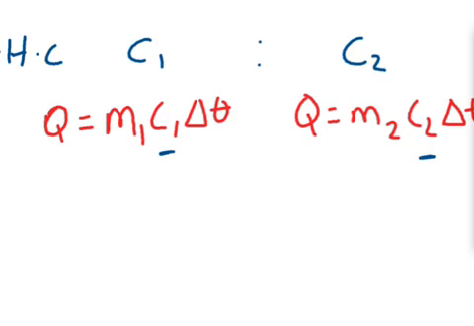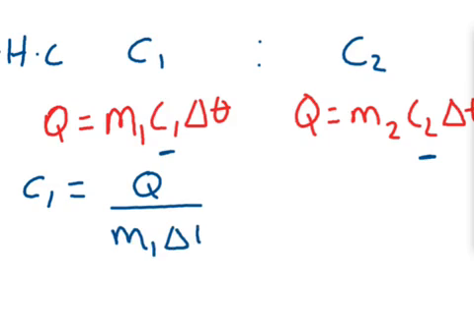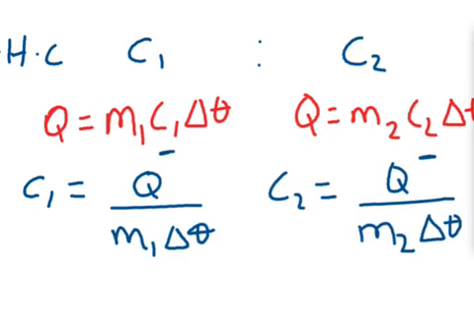We can find C1 by making C1 the subject of the formula, and that will be C1 equals Q divided by M1 change in theta. So here we can find C2 by saying Q divided by M2 change in theta.